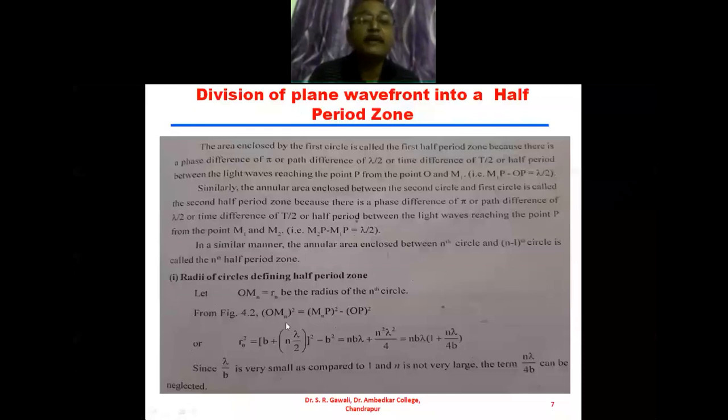So we get here OMn, which is nothing but Rn square, equal to (b plus n lambda by 2) whole square minus b square.